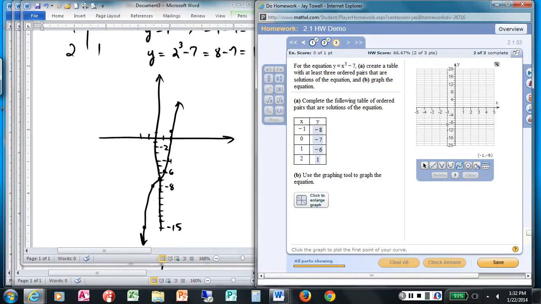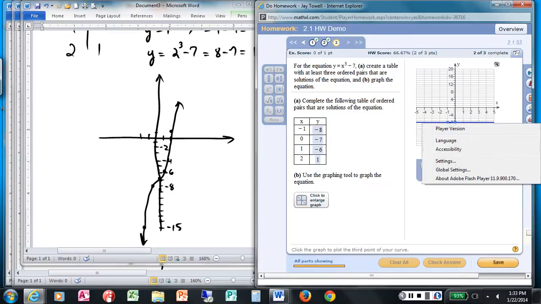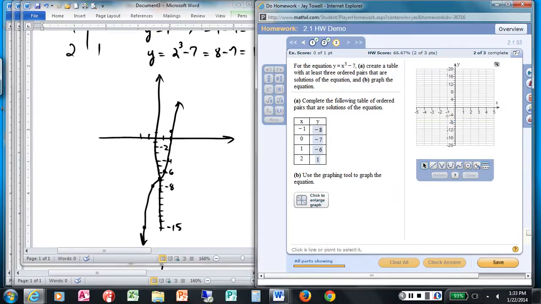-1 is -8. 0 is -7. I think I messed it up. All right. -1, -8. Sure got that thing selected. Yeah. 0, -7. And then 1 is -6.